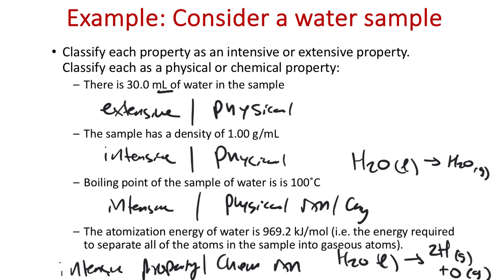I had said if we blew up all the water molecules in our 30 ml sample, but that's actually not what this question is saying. It's saying just the atomization energy of water in and of itself is 969.2 kJ per mole. So it's a property of water itself, not a property of that 30 ml sample. This is a property of water as a whole. And so if we have more or less water, it's going to have that same atomization energy.